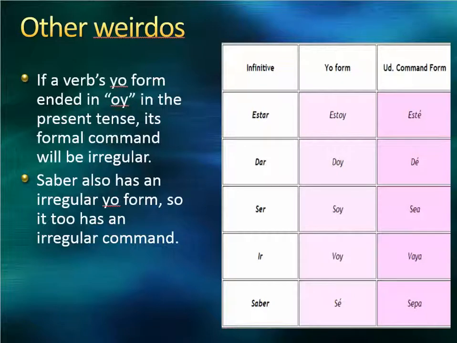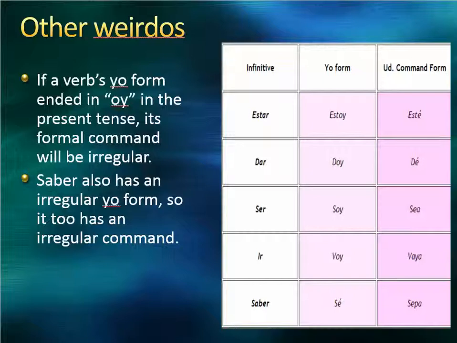Okay? So, I've also added to this list saber, which doesn't have the oy in the yo form of the present tense, but it's kind of in a category of its own, and I didn't want to do a whole slide for that. So, your other weirdos are estar, the yo form of which is estoy, but the usted command form is going to be esté, accent mark over the E. Please don't forget it.